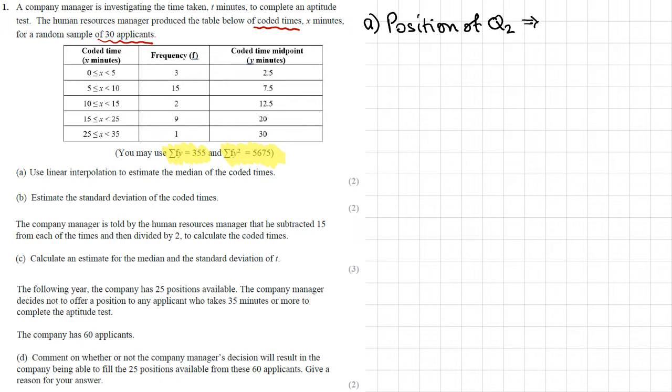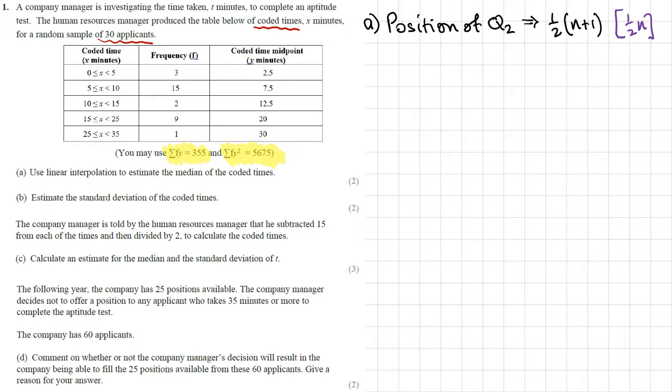And I'm going to use half n plus 1. Now you're allowed to use half n. So my answer will be based on half n plus 1. But if you use half n, you'll get a slightly different answer. But the two numbers should round to the same number when rounded to three significant figures.